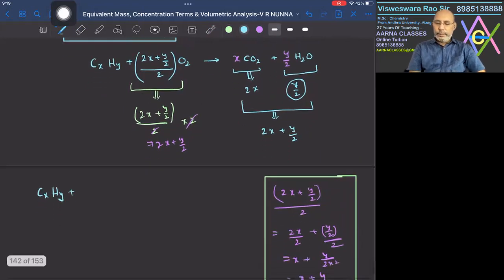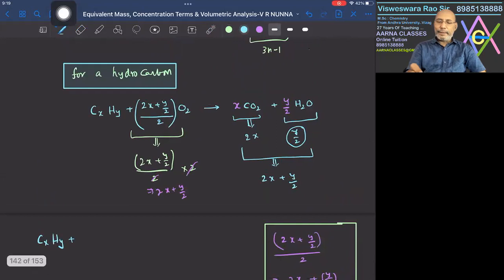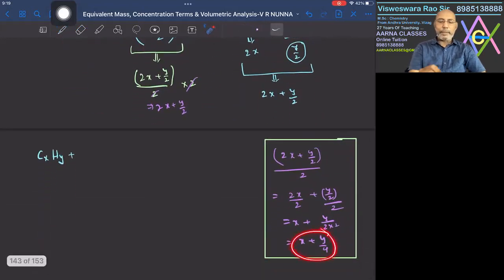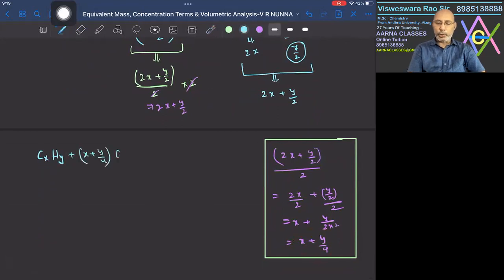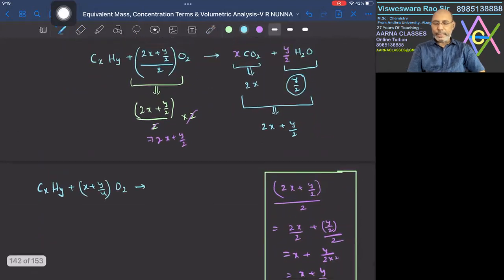So instead of writing this part, I will write x plus y by 4 O2 gives xCO2 plus y by 2 H2O.